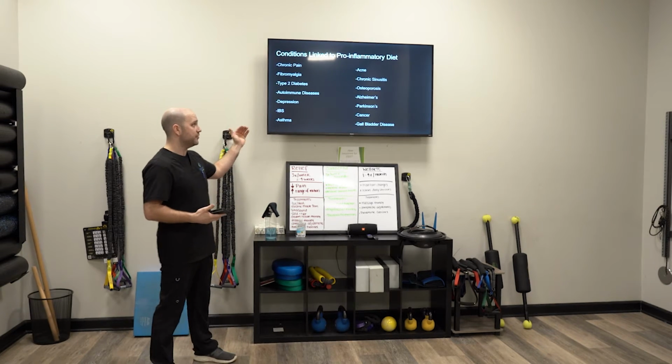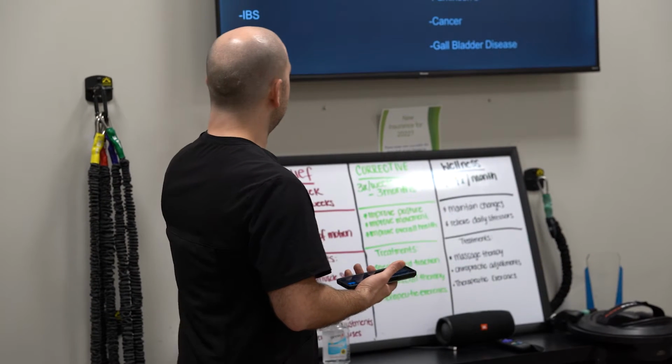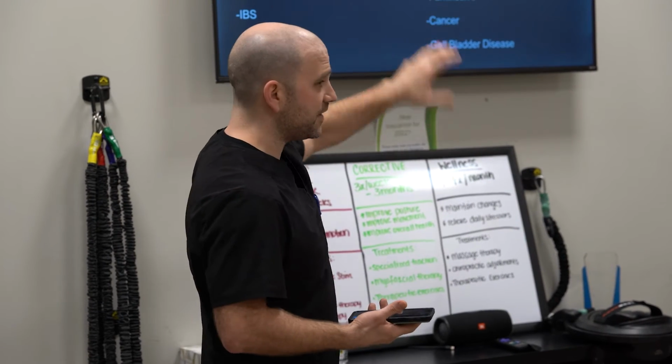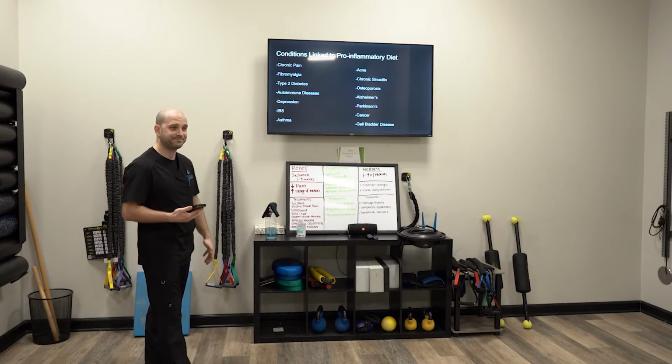But ultimately, if you look through the literature, when it comes to inflammatory biomarkers or blood biomarkers, a lot of these diseases are directly related to elevated inflammatory markers in your bloodstream. Any of those look familiar?